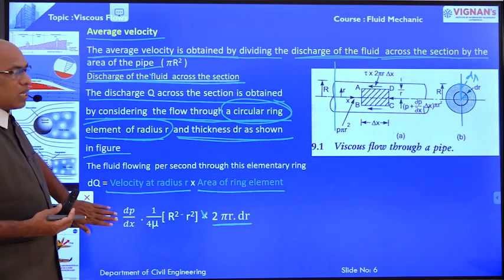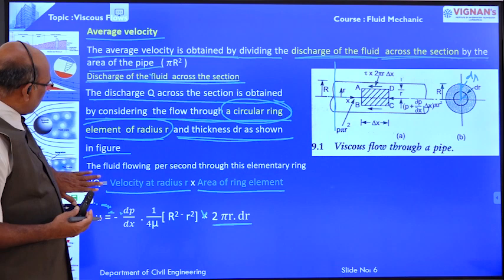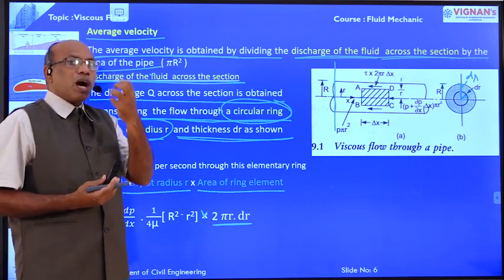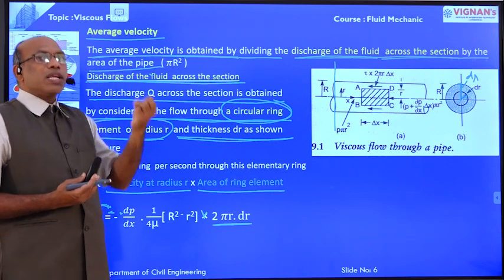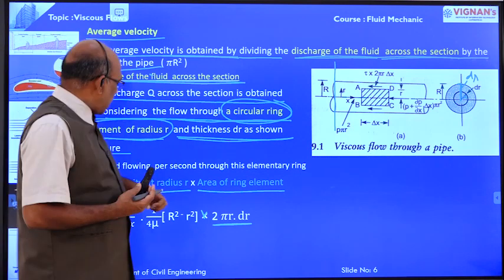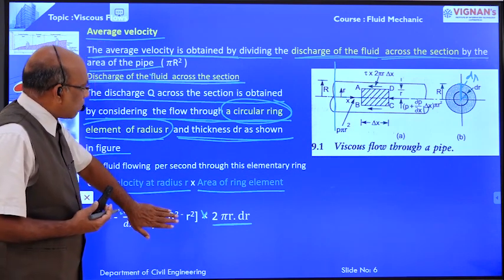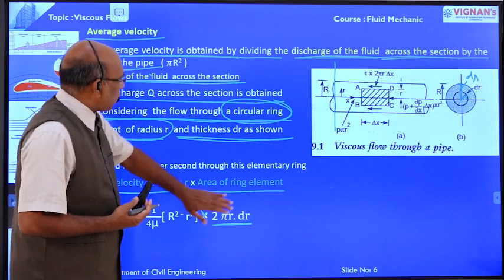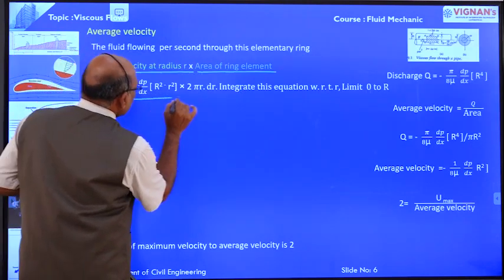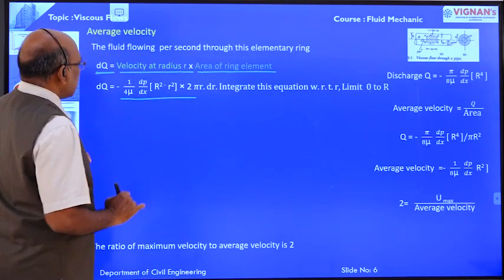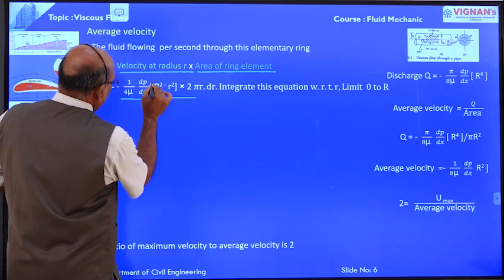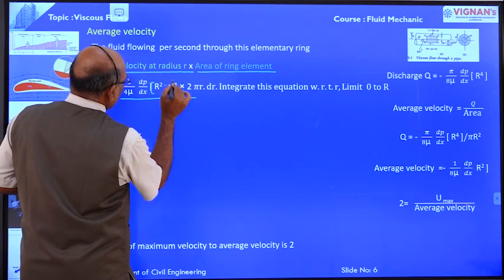We have the liquid flowing from the pipe. dQ, that is the discharge over the small strip or small element, is equal to the area of the strip into the velocity of flow over the strip. The velocity we have already derived, at radius r, is minus 1 by 4 mu into dp by dx (R square minus r square).